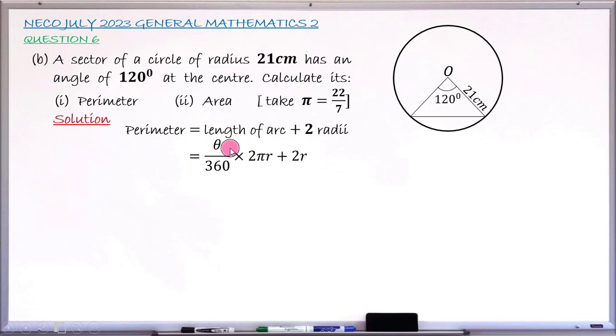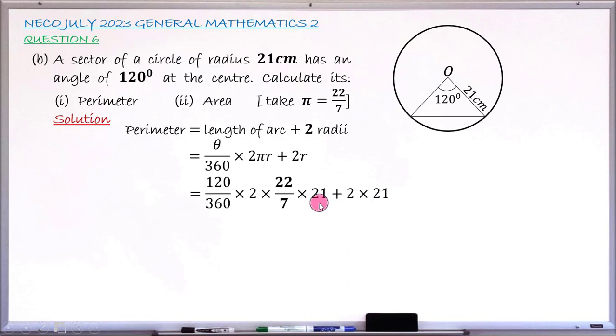Substituting theta, r and the given pi, you now have 120 divided by 360 multiplied by 2, multiplied by 22/7, the value of pi asked to use in the question, multiplied by 21, and this is your r. This part gives you the length of the arc. Then plus 2 times r. Instead of r, you now have the radius of the circle, 21. So you now have plus 2 multiplied by 21.